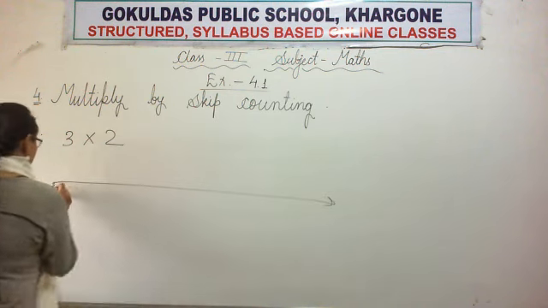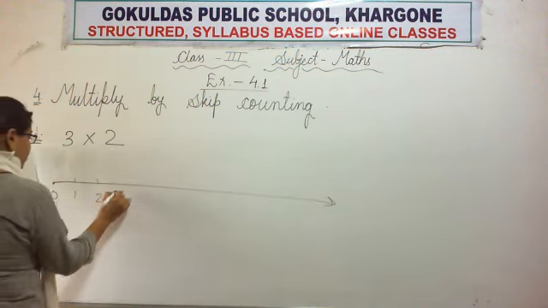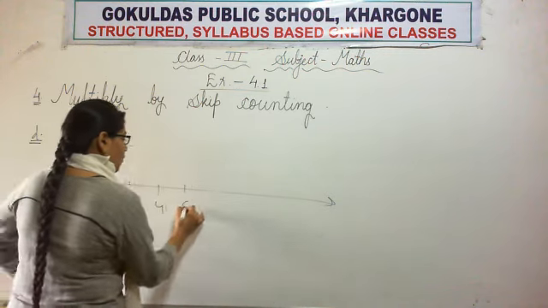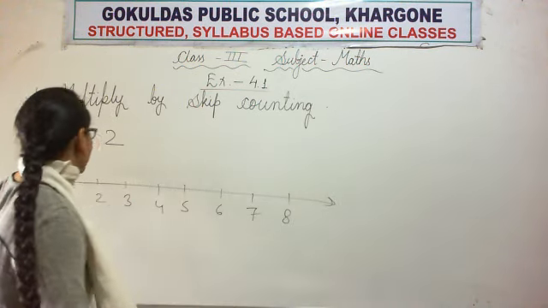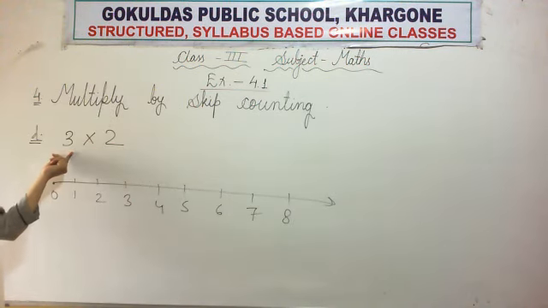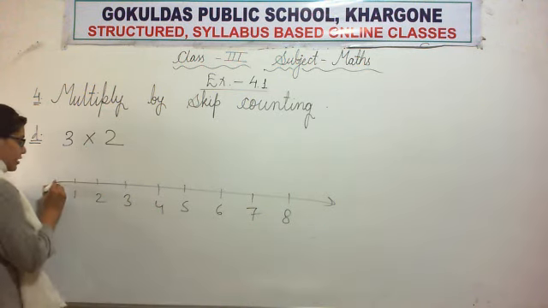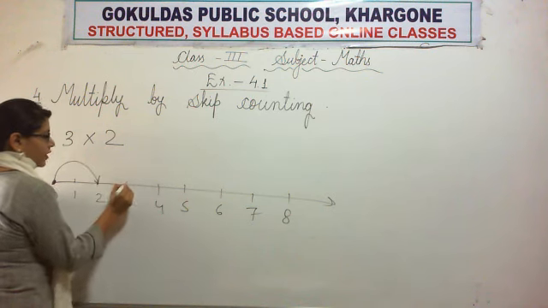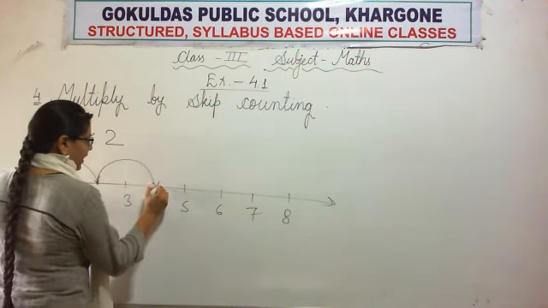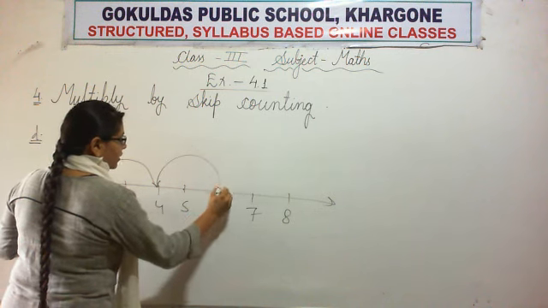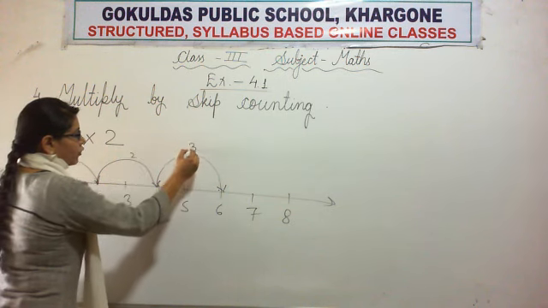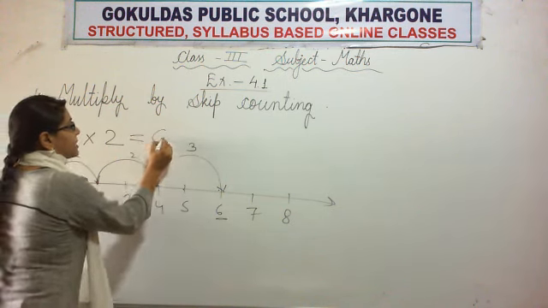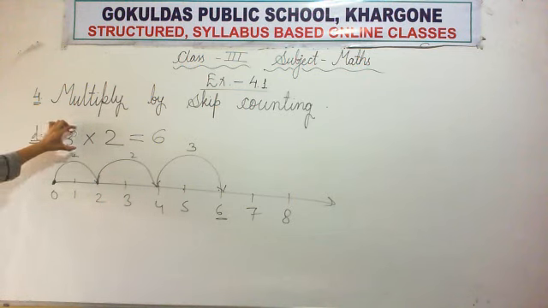So, starting from 0, 1, 2, 3, 4, 5, 6, 7, 8 and so on. 3 times 2. We will skip number 2, three times. So, starting from 0, 1, 2, one time, 1, 2, second time, 1, 2, and for the third time. See, we skipped 2 for one time, then for second time and then for third time. We stopped at number 6. It means 6 is our answer. So 3 times we skip number 2.